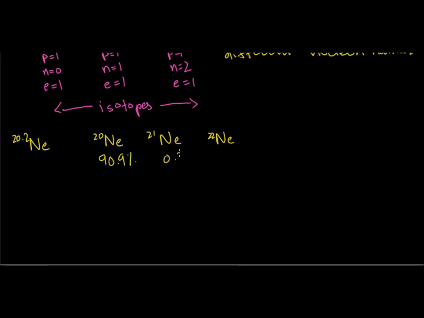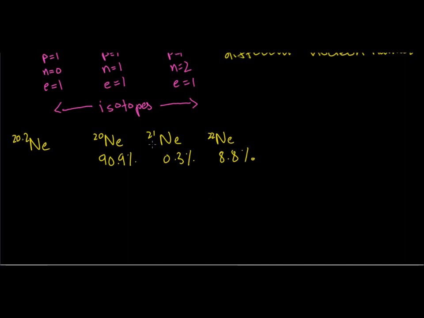Neon 21 is a very small amount, 0.3%. And neon 22 is 8.8%. So these percents basically mean that if I give you 10 kilos of neon, then roughly 9.1 kilos would be neon 20, roughly 300 grams would be neon 21 and roughly 900 grams would be neon 22. These are the percentages.